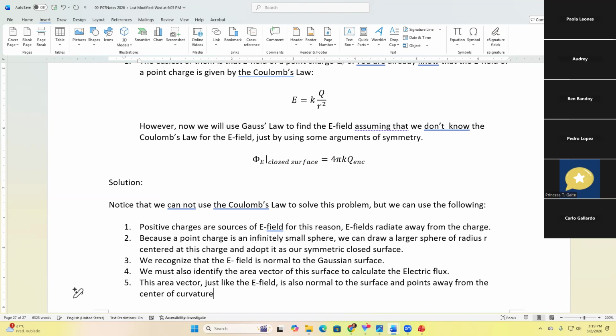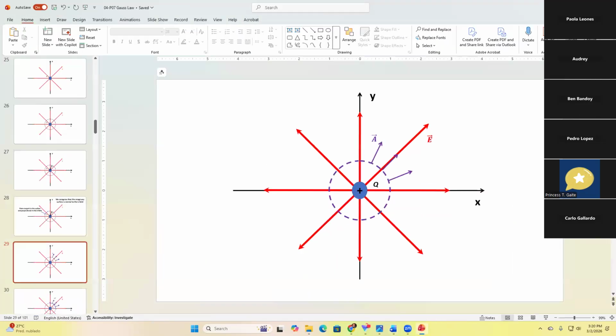That's the better way of expressing it. From the center of curvature of the surface. The center of curvature of the surface is right here in the middle. So this area vector must point away from the center of curvature.